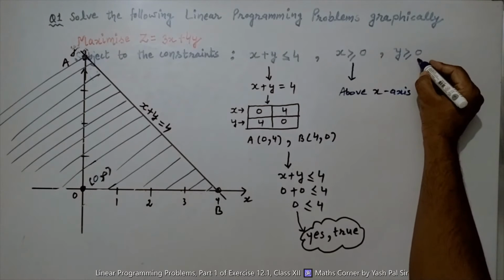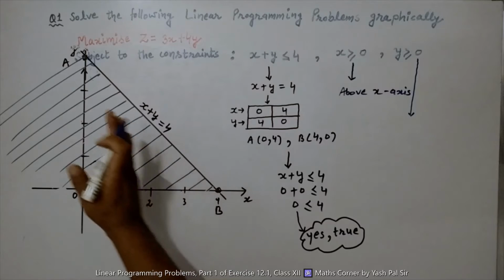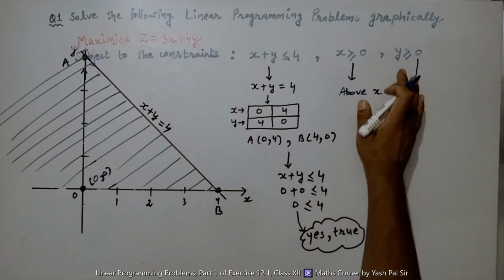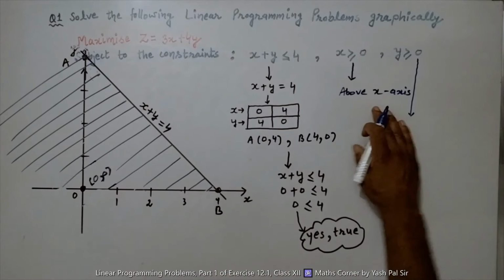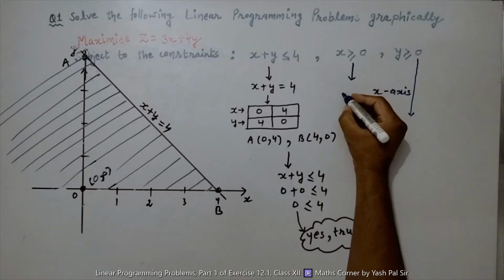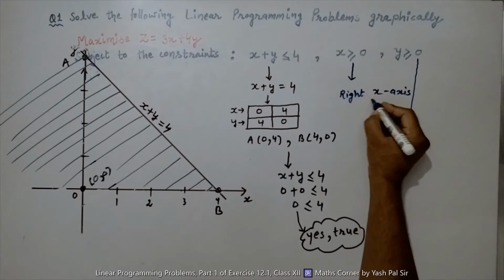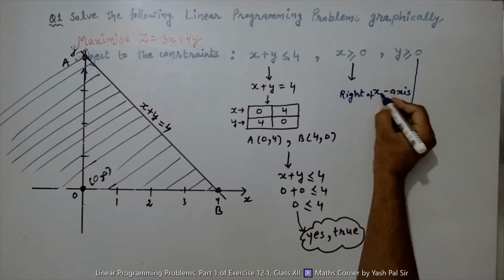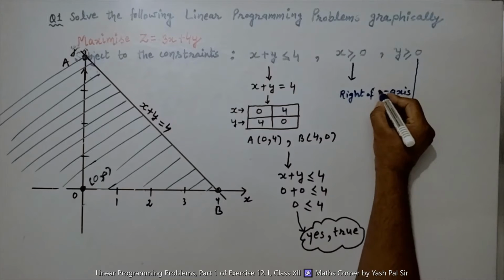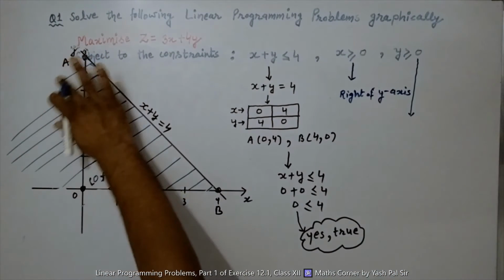Next constraint is y greater than or equal to 0, where the right side is x greater than or equal to 0. This was the right side, right of the y-axis, the right side of the y-axis.